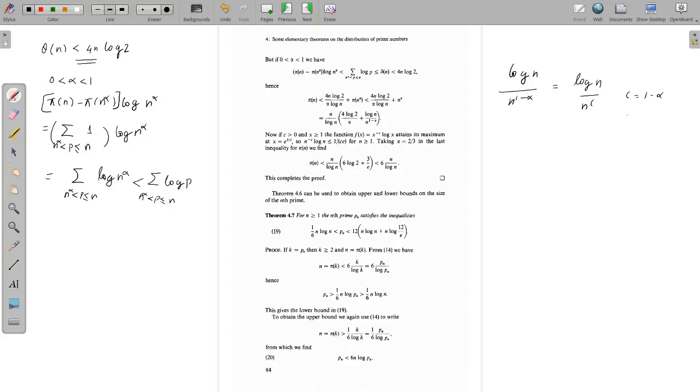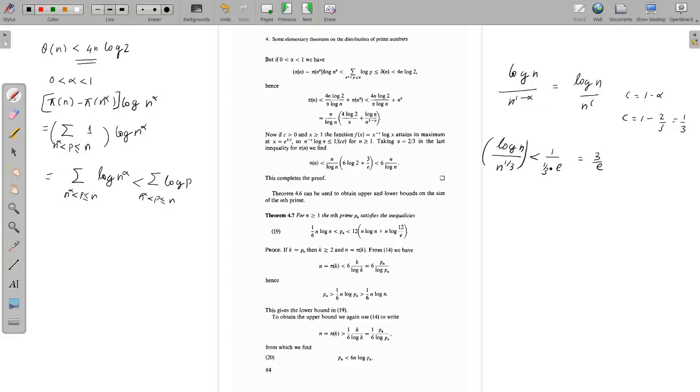By setting alpha equal to 2 by 3, you have 1 minus 2 by 3, that is 1 by 3. Then the maximum value of log n by n to the power 1 by 3 is 1 by c times e, that is 1 by (1 by 3) times e, which equals 3 by e.